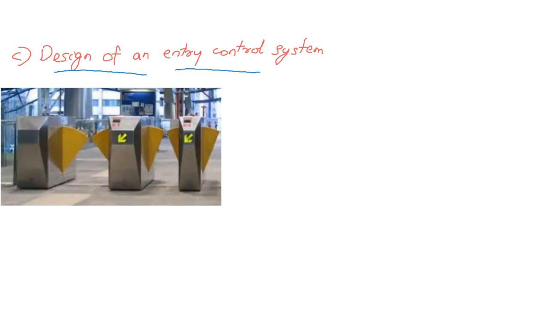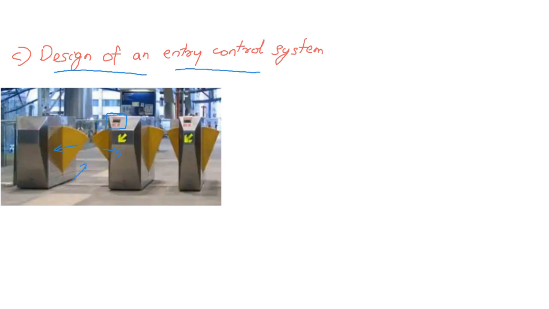In the back of the ticket there will be a QR code. That QR code will be shown to this machine, and once the machine identifies it as a valid QR code, these flaps will move and open up, and the person who has the valid ticket can move in.